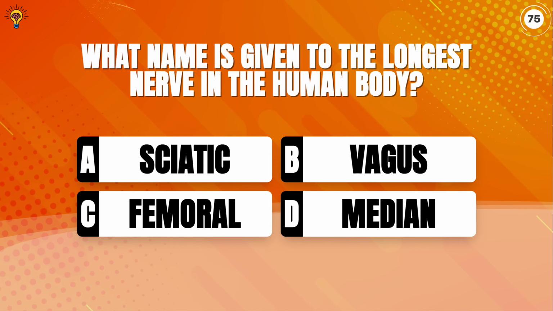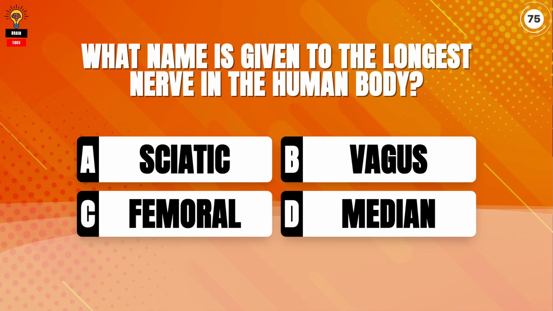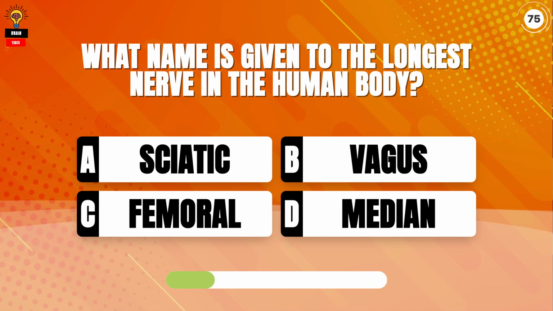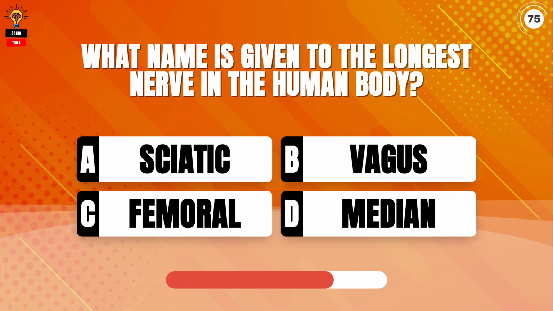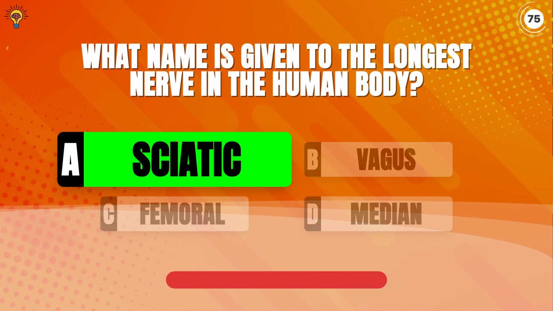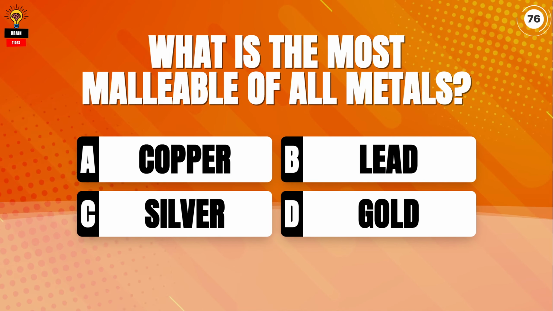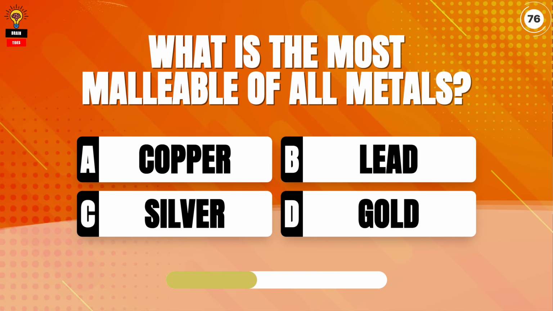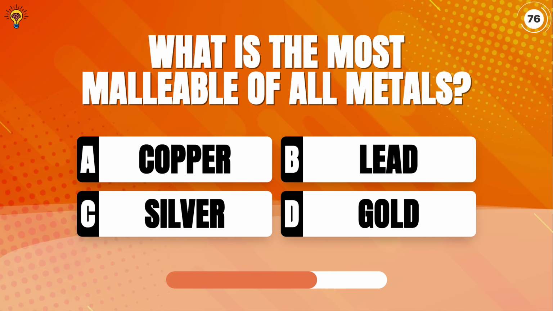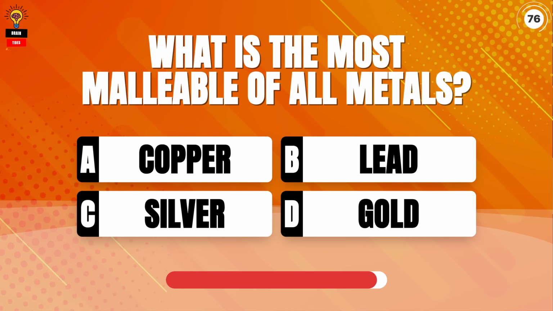What name is given to the longest nerve in the human body? Sciatic. What is the most malleable of all metals? Gold.